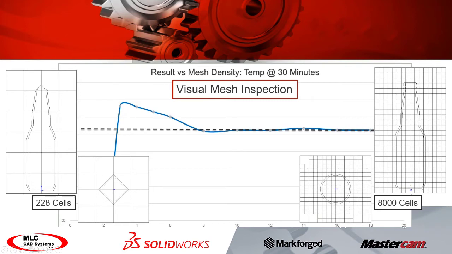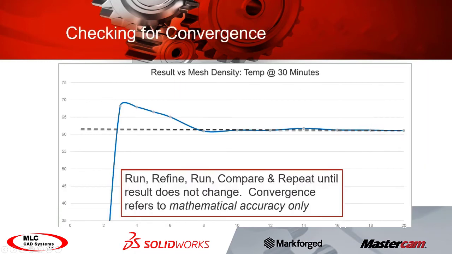It's like it's a square bottle. Definitely that's not going to give us accurate results, and it doesn't. But as we get further along and more refined, you'll see that it becomes very much recognizable as a bottle. The accuracy, or the result is clearly visible, and this is the kind of mesh that you would expect to see if you're going to get accurate answers.